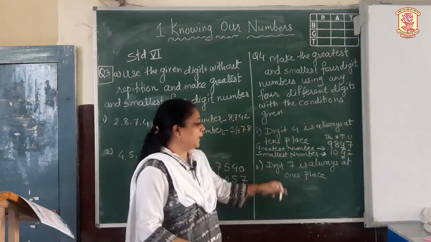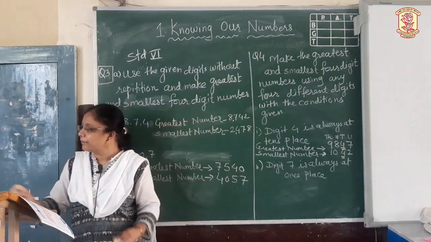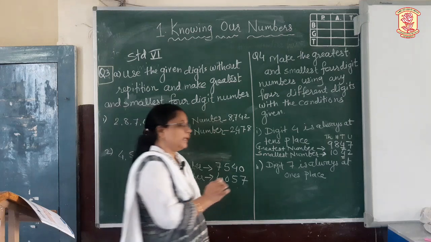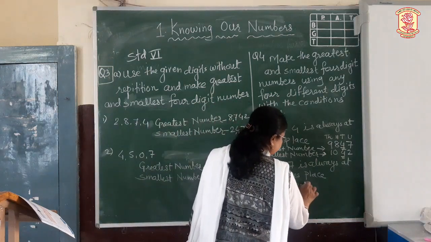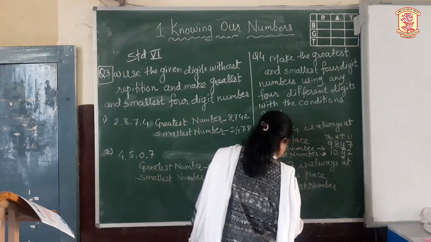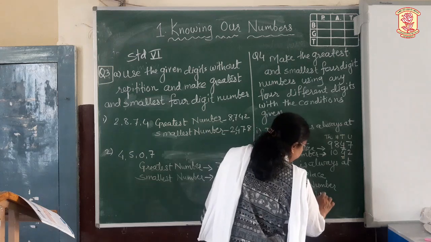Question 2. Digit 7 is at the unit place. So the number I write here, the greatest number, and the smallest number.